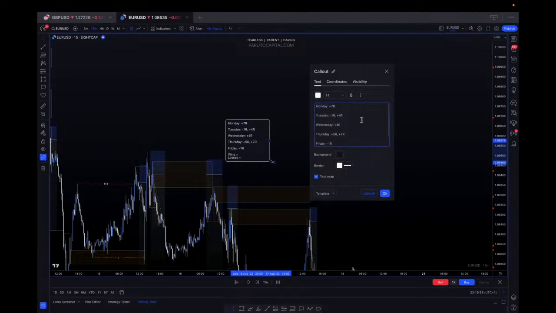For wins we have, let me just make this compact, 7 on Monday, 7 plus 4 plus 4 plus 5 plus 7, and that was it.